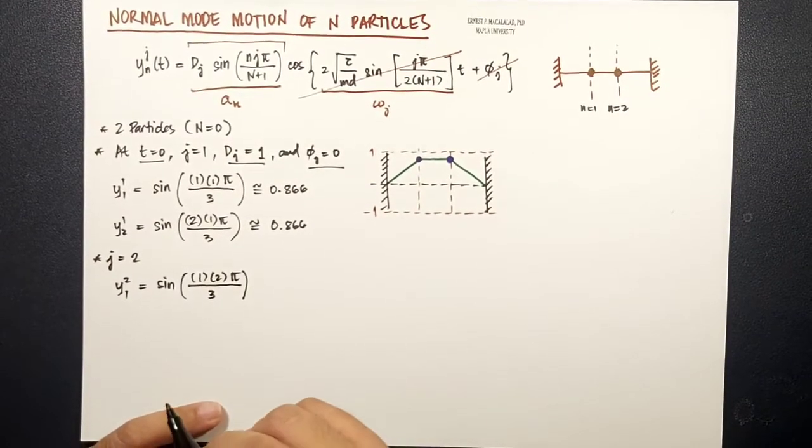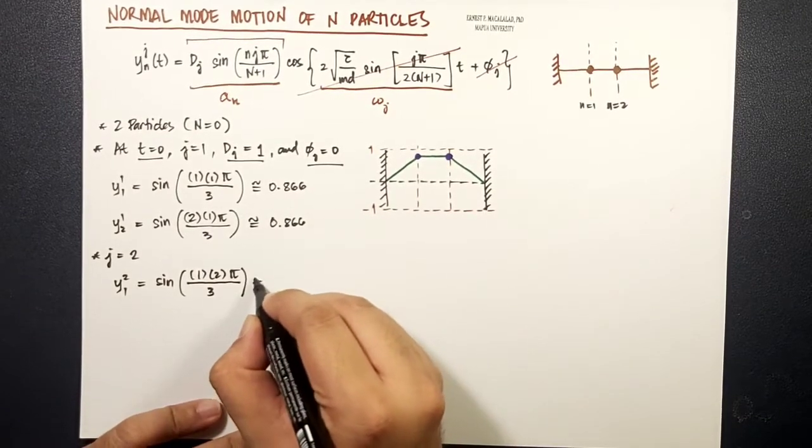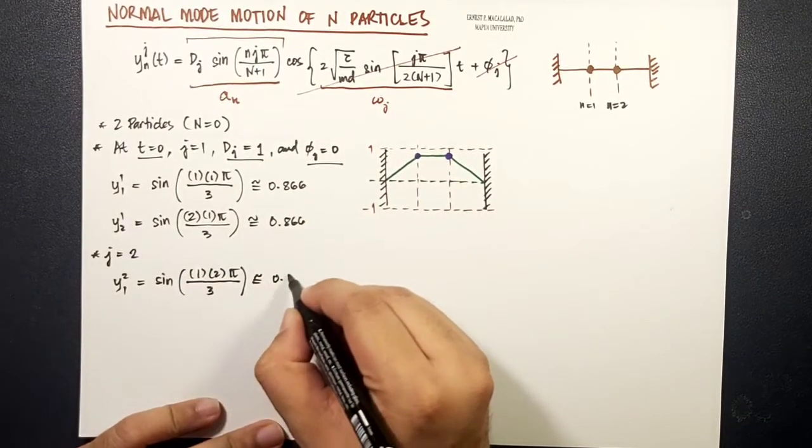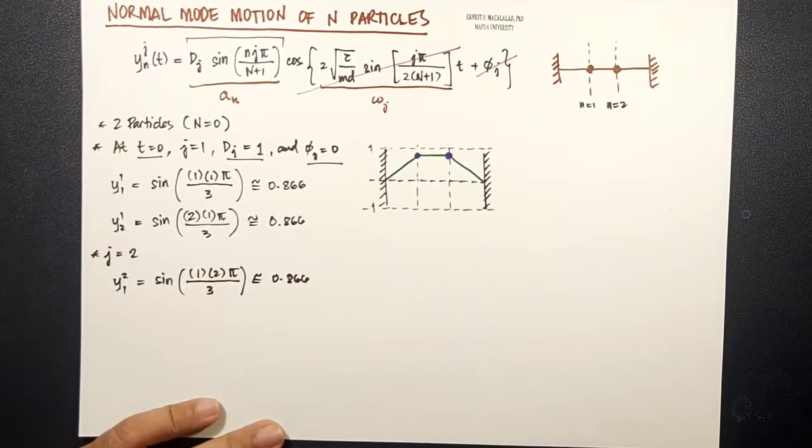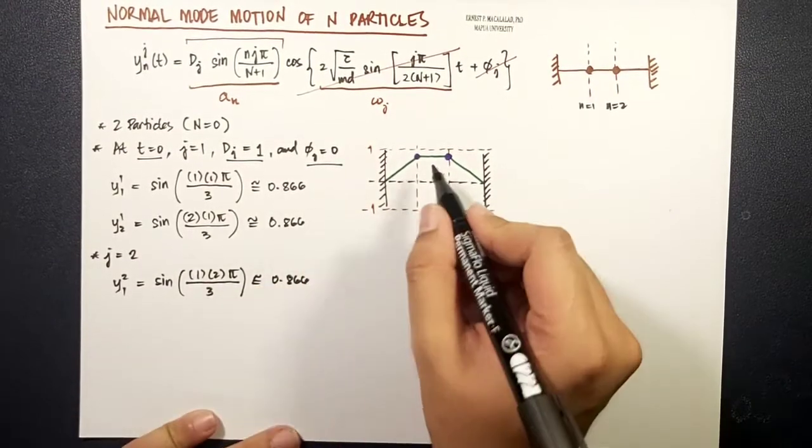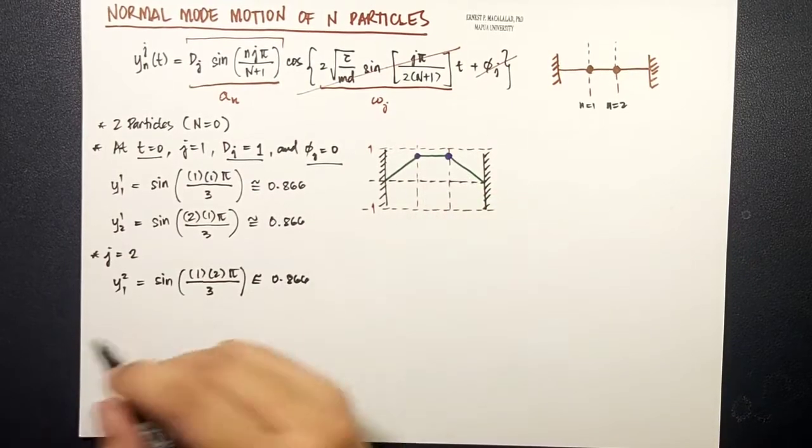Sine 2 pi over 3 is also approximately equal to 0.866.